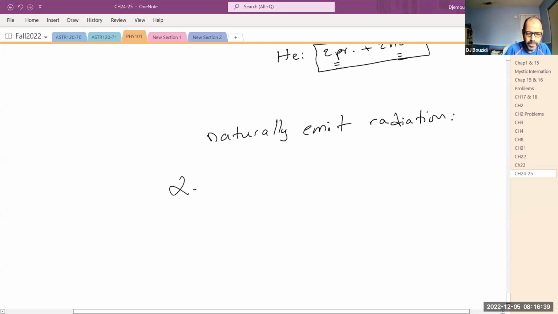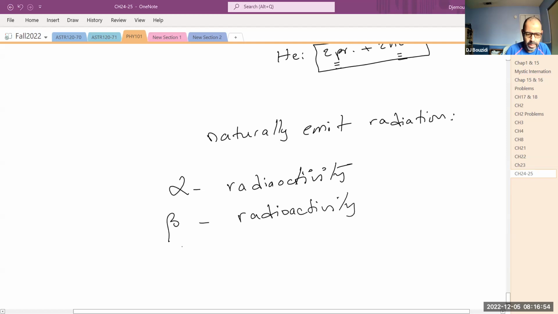Alpha radiation, or radioactivity, beta radioactivity, and gamma radioactivity. So you're asking how did they distinguish between these three?